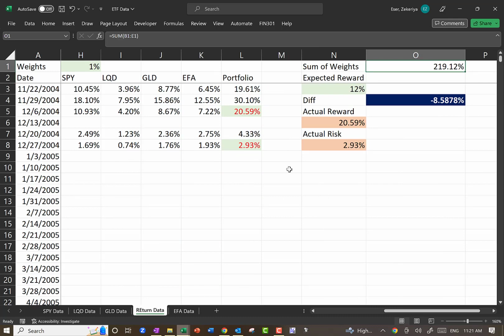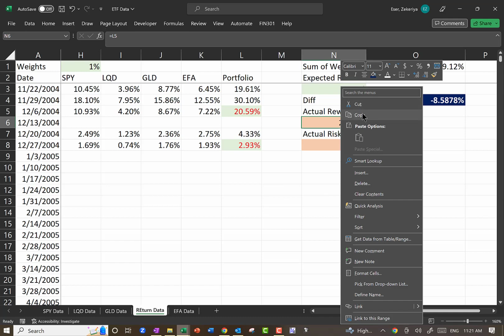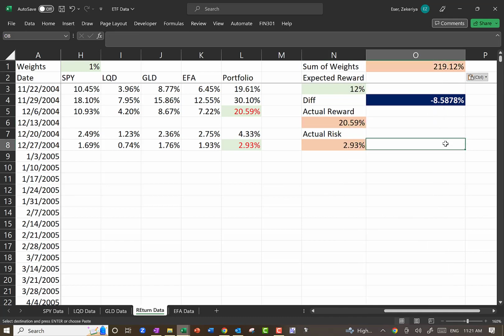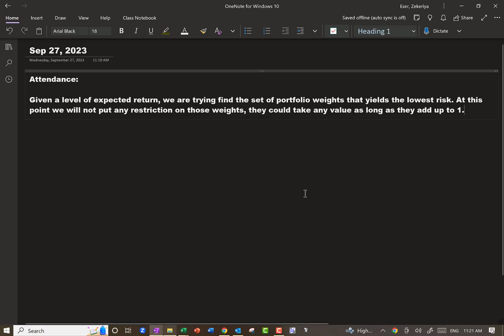Obviously, that's not a feasible portfolio, but we're going to want two things for the portfolios we consider. One, the sum of weights will add up to one. That's kind of natural. And two, we want the reward of a given portfolio to equal a specific number. Okay?